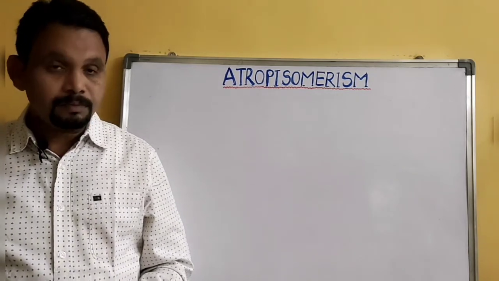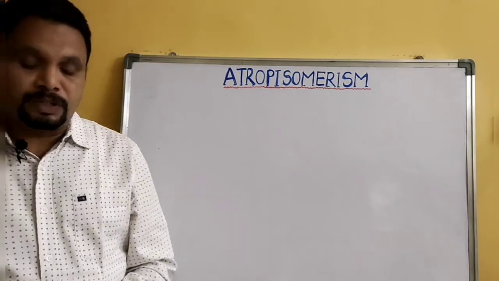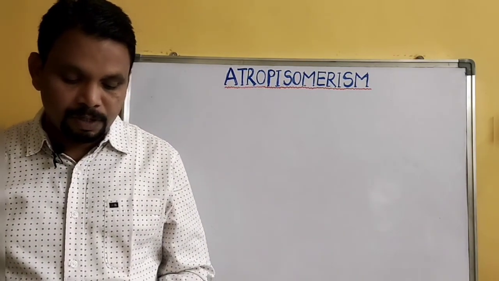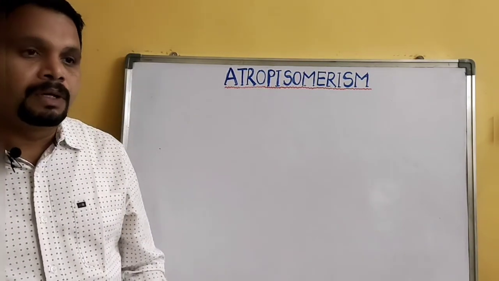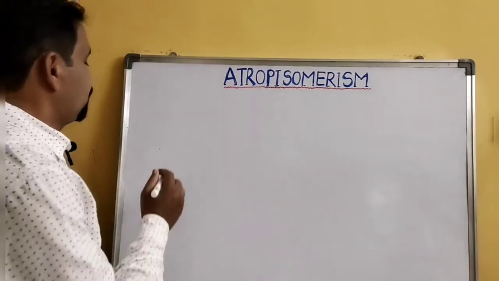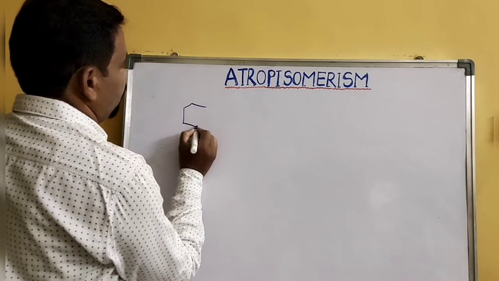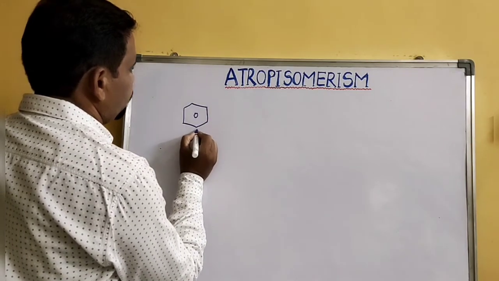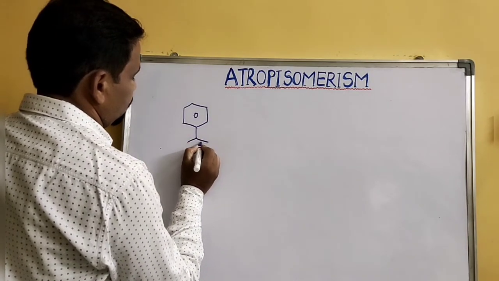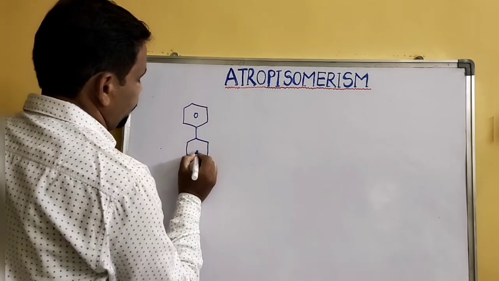Okay, so atropisomerism. To understand this concept, first let me give you a simple example. The biphenyl system.